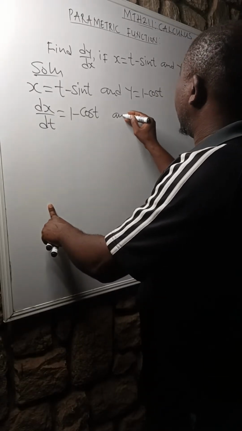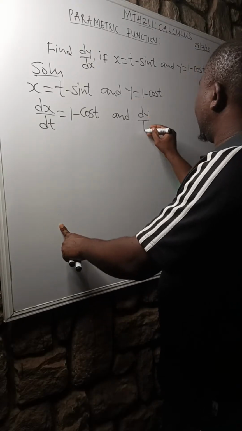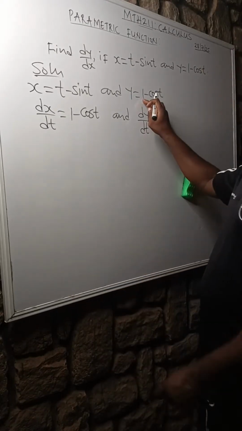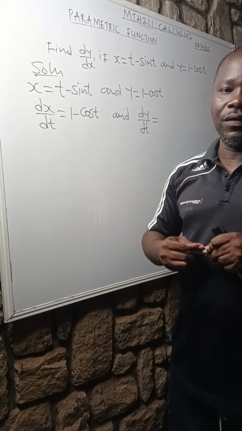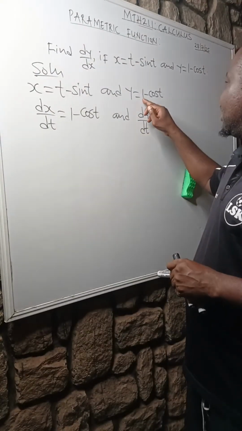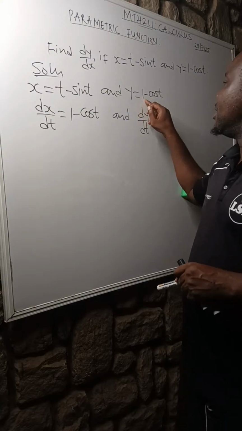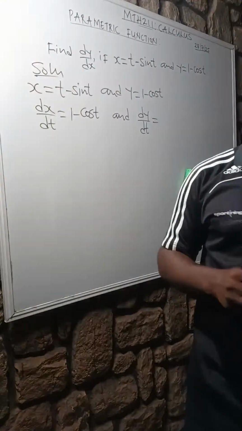And dy all over dt will now be equals, if you differentiate 1, it is a constant, true or false? Because t is not attached to this one, it is a constant. So whenever you differentiate a constant, what are you supposed to have? 0, right?